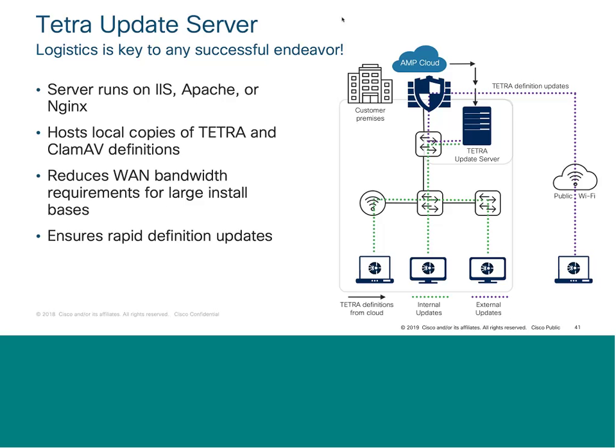So what I recommend is, if you have remote workers, simply don't configure the Tetra update server URL for those workers. Put them in a different group with a policy that does not have that configuration, and allow them to reach out to the cloud. Okay.